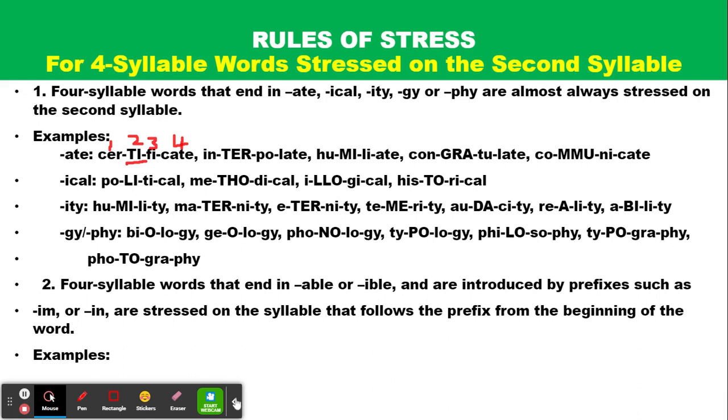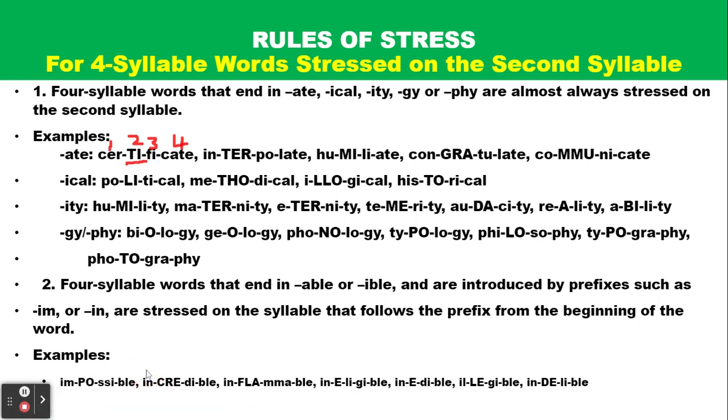Examples are as follows. Impossible. Now take note that stress is on the second syllable, and that is the syllable immediately after the prefix. The prefix here is im, and immediately after that you have po, impossible.